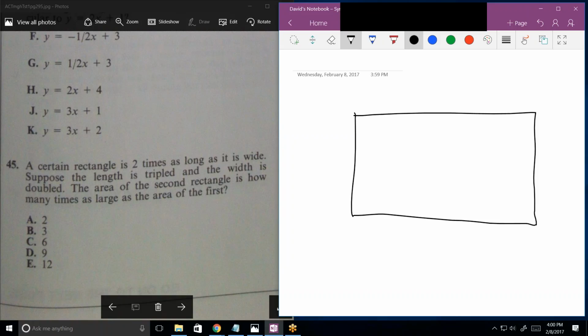If I have a rectangle that's 2 times as long as it is wide, how can I dimension it? 2x for the length and x for the width. Perfect. Now, suppose the length is tripled and the width is doubled. Well, first of all, what's the area of this rectangle?